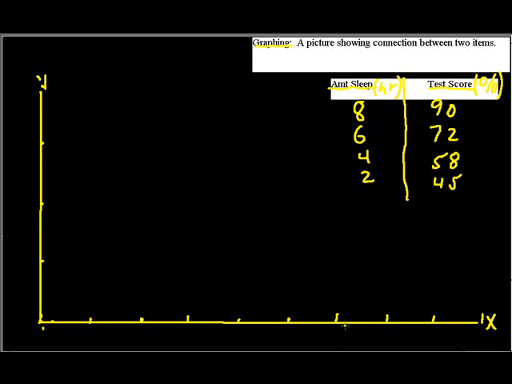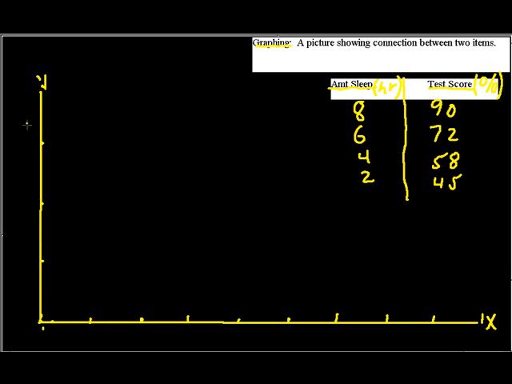The rule here is that what goes on the x-axis is the measurement that the researcher had control over. It's the item that the researcher chooses to change.